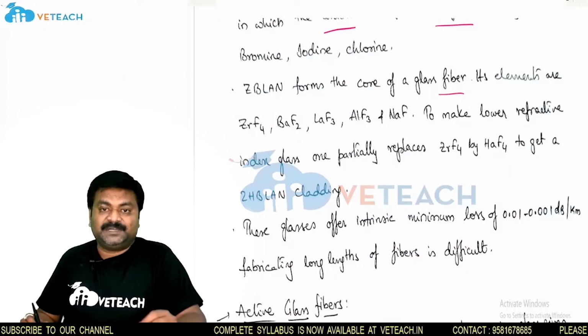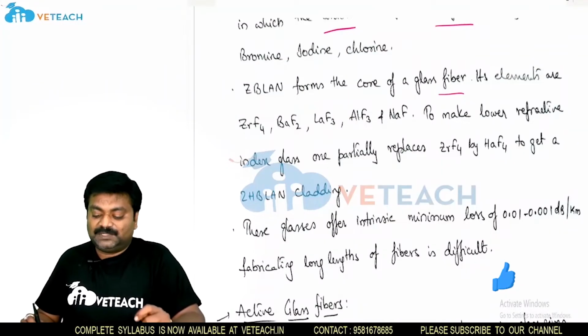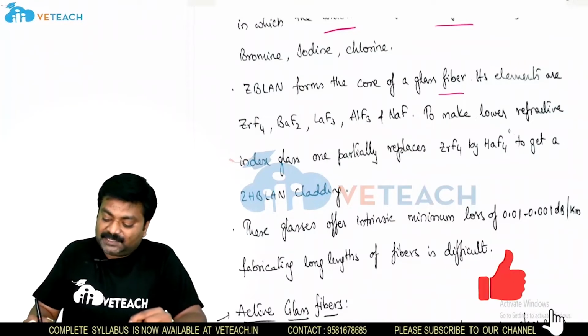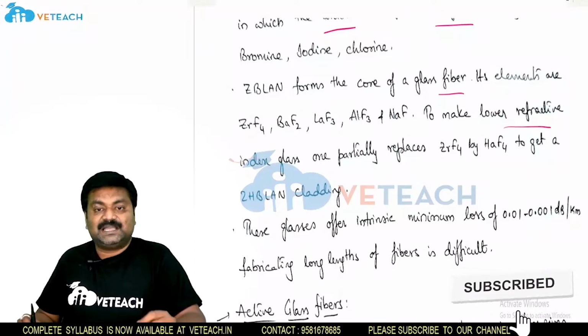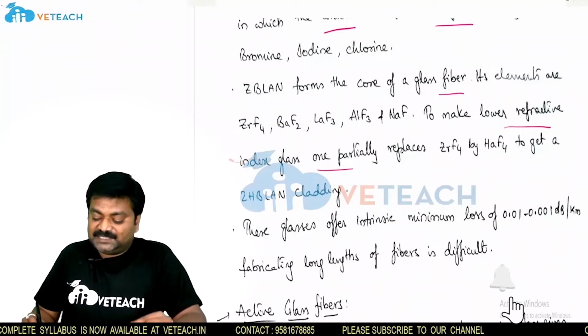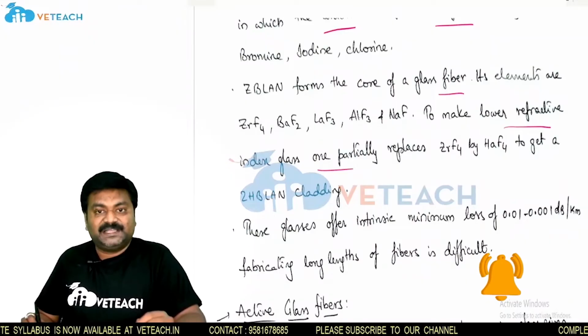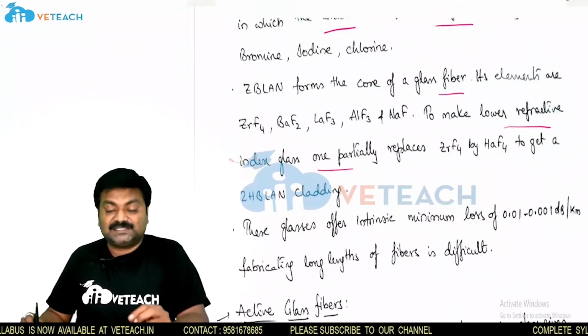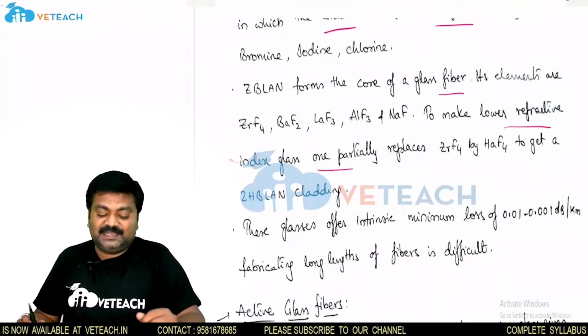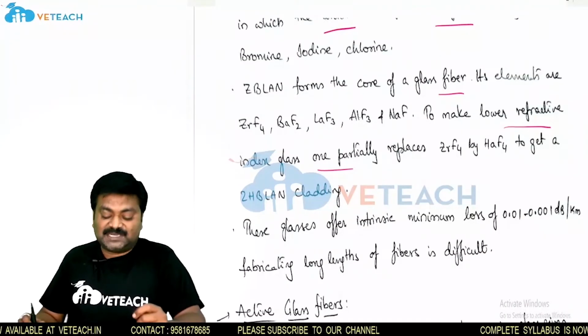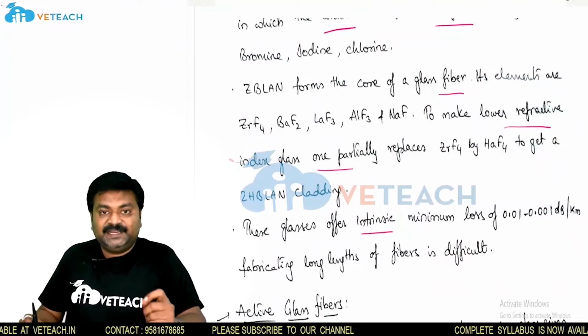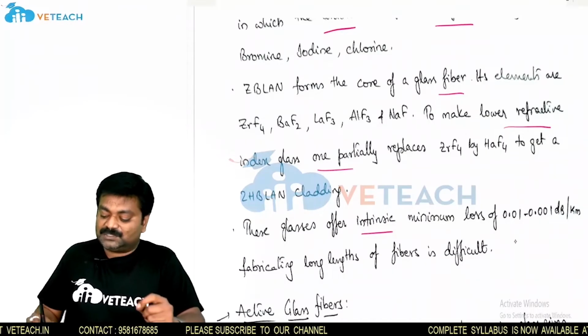To make lower refractive index glass, one partially replaces ZrF4 by HfF4 to get a ZBLAN cladding.